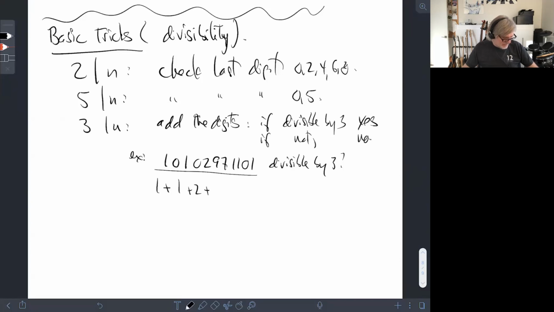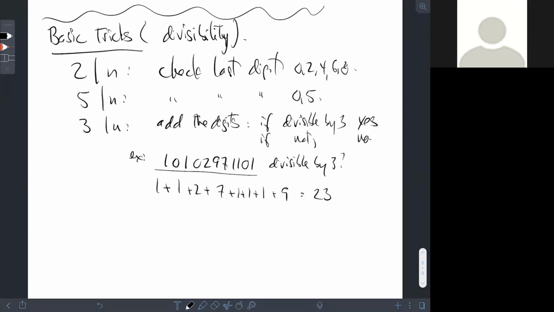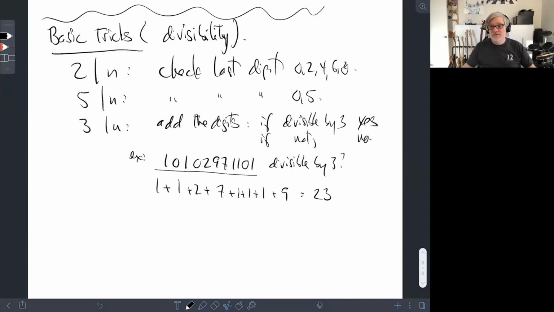The 9 I don't need to add, right? Plus 1 plus 1 plus 1, but I'll put it there. And then this is 23, is it? Yeah. And then I can repeat. Not divisible by 3. So the answer is no.